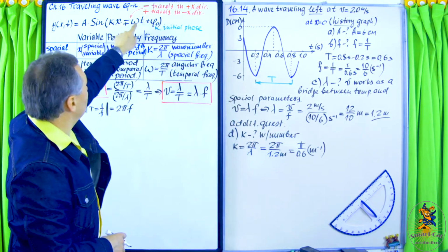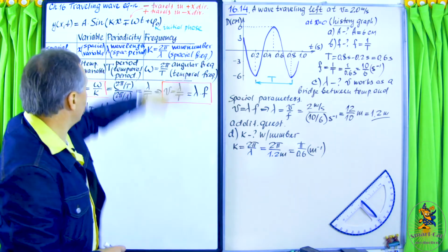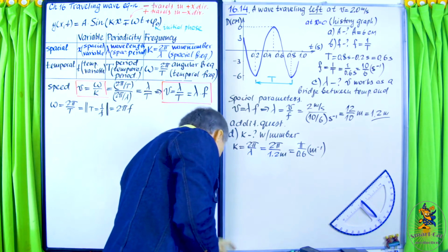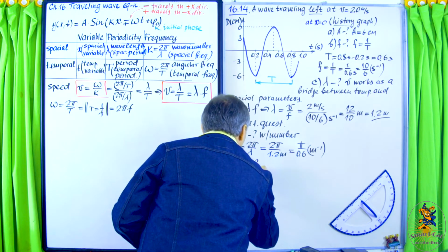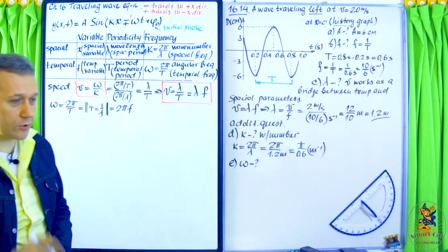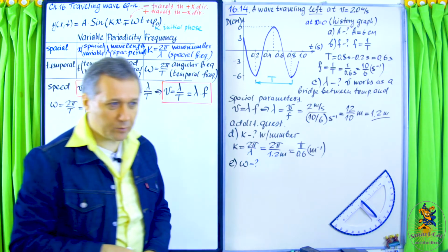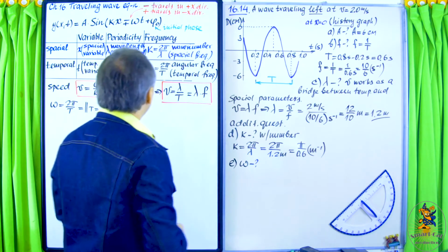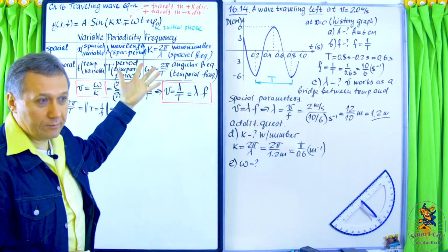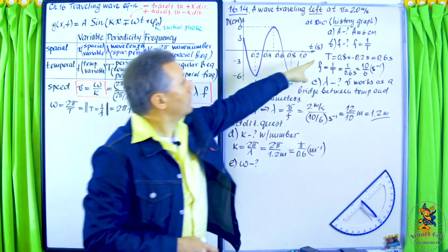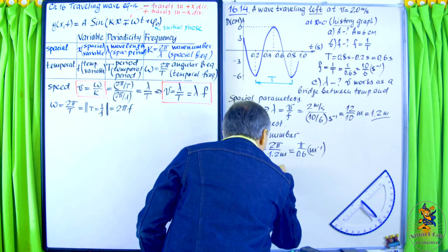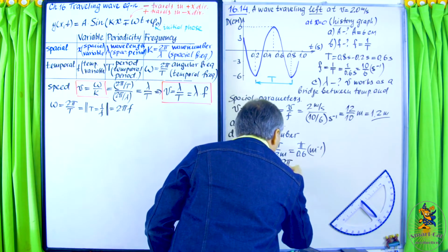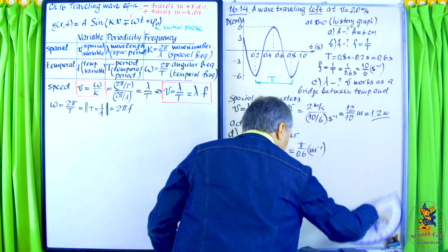Now I guess we need to find omega because I want to write this equation, right? So omega, yeah, A, B, C, D, E. Now what about angular frequency, omega? It's not W, it's omega, the small Greek letter omega. So again, by definition, 2 pi over T. And T we found over here in part B. So omega equals 2 pi over T, right?